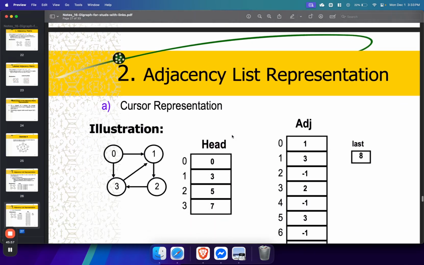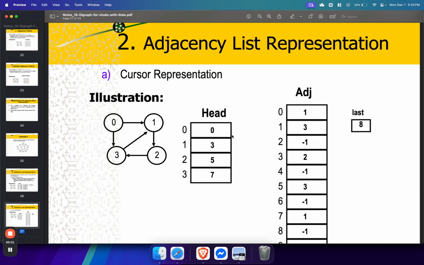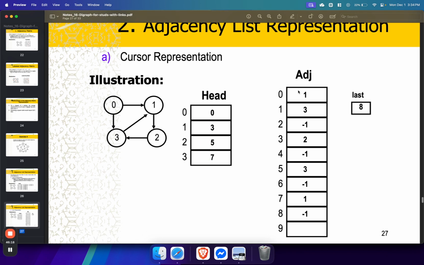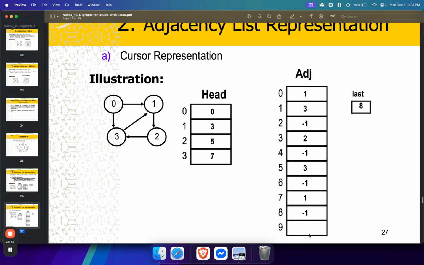Next, the cursor-based adjacency list representation. Kani mo'y medyo confusing for some people, but I will teach you it nonetheless. This is the cursor-based representation wherein your head is an array of indices and you have a separate array which contains your adjacency list representation.